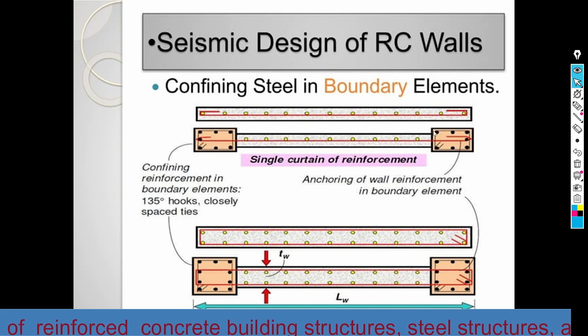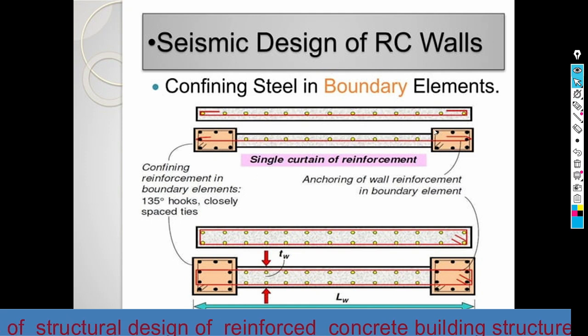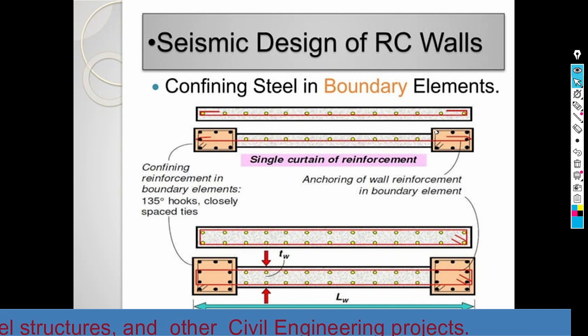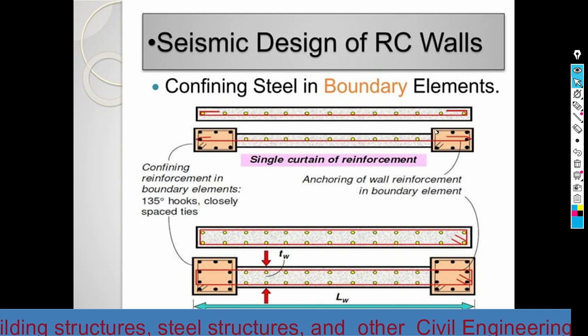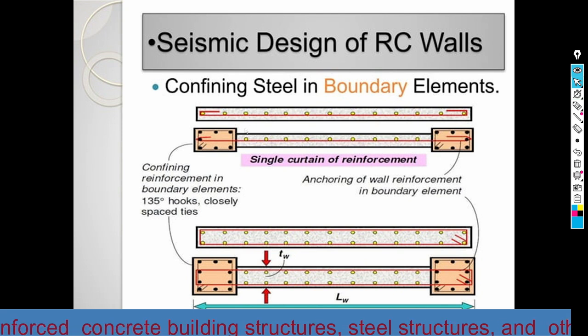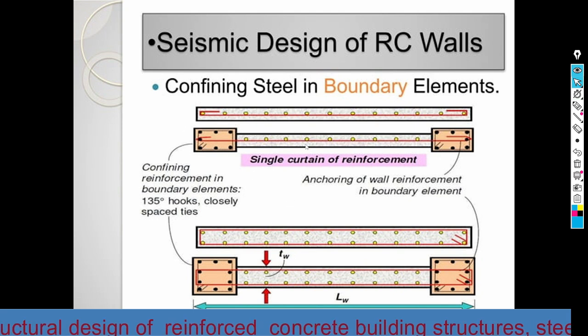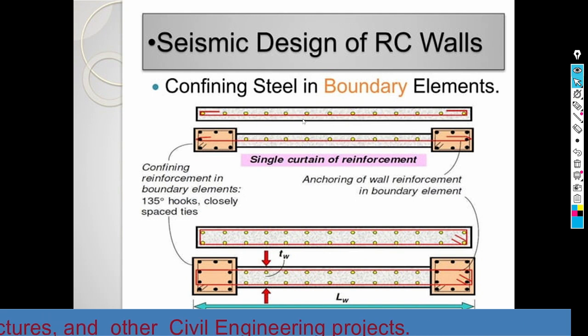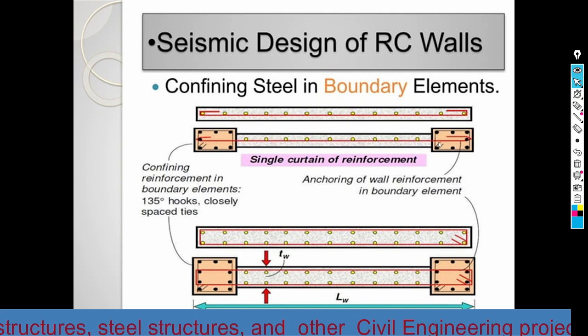If the compressive stress doesn't exceed the compressive stress limit, there is no need to provide the boundary element. So this is for a thin shear wall having a single layer.